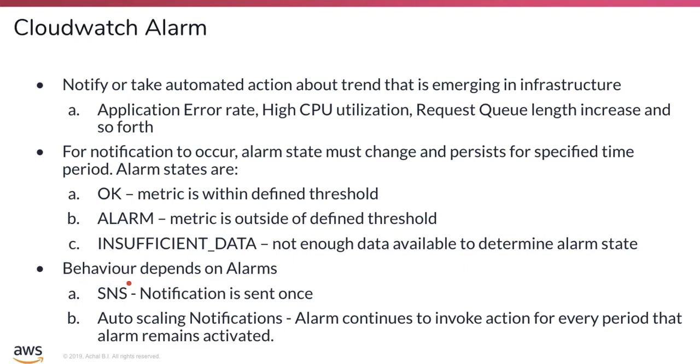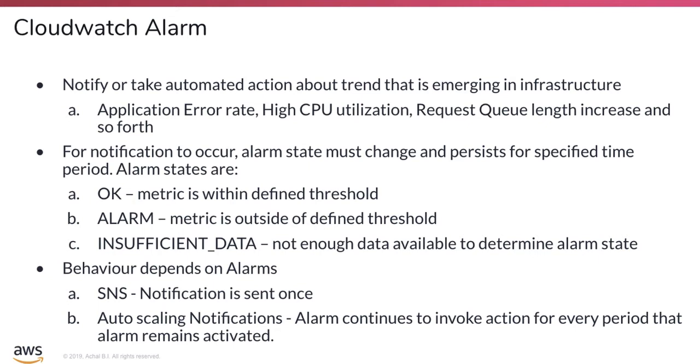So basically, the behavior depends on the alarm. How the action is taken depends on what kind of target we have assigned to it. If it is SNS, the notification can go only once.